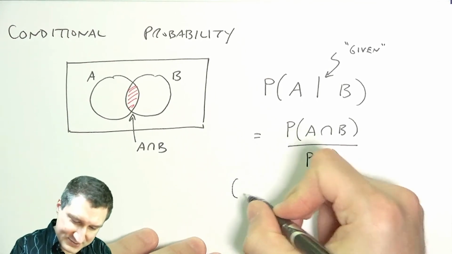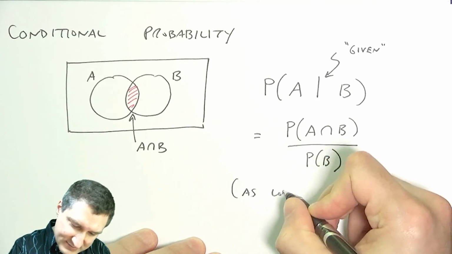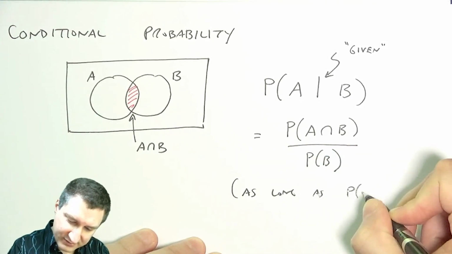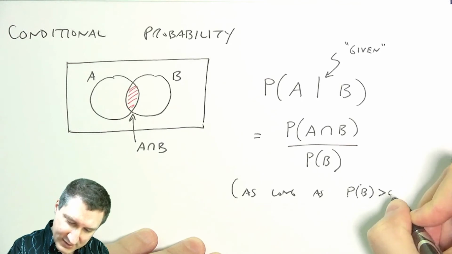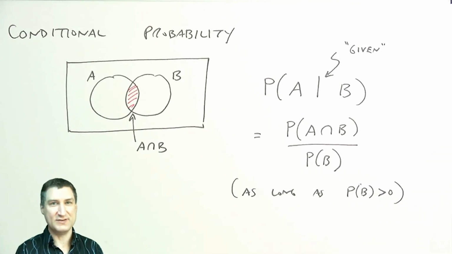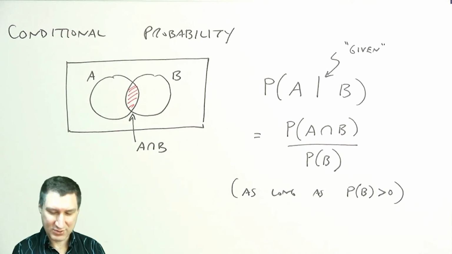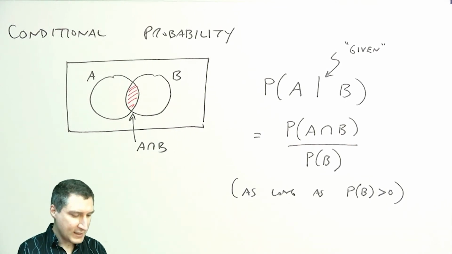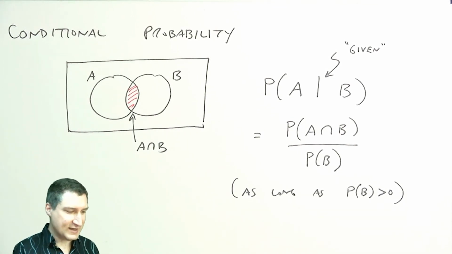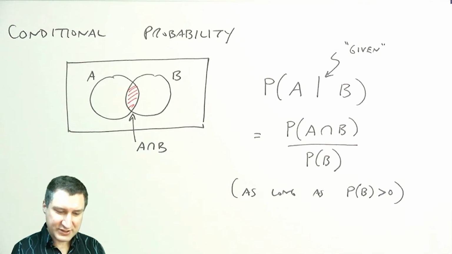And a caveat: this holds as long as the probability of B is greater than 0 in the first place. If the probability of B is equal to 0, then I have a divide by 0 problem.